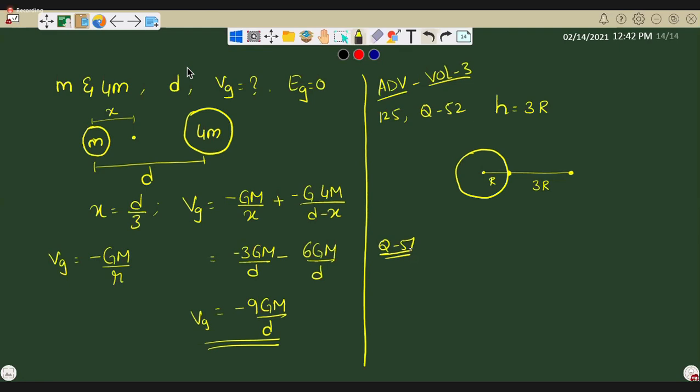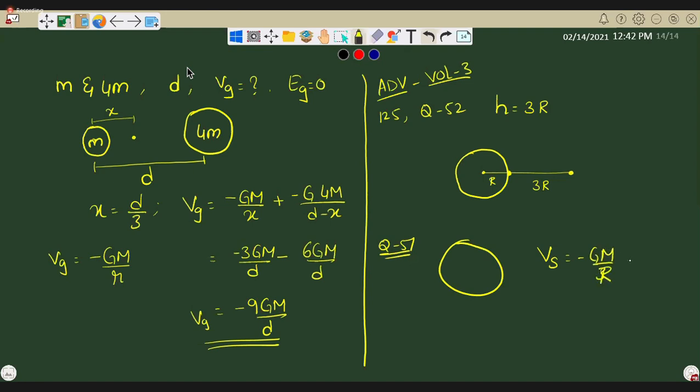A particle of mass m is placed at the center of a uniform spherical shell of mass 3m and radius R. The gravitational potential on the surface of the shell is directly minus 3 GM by R only, no? No need to do also, right? The formula we already know: on the surface it is minus GM divided by R, no? Yes, sir.